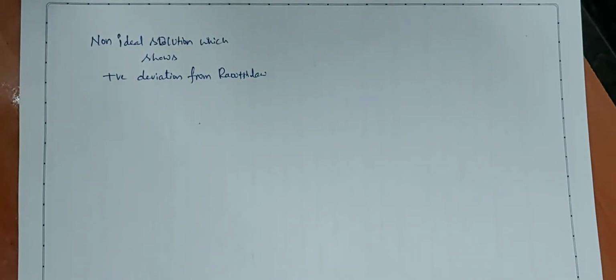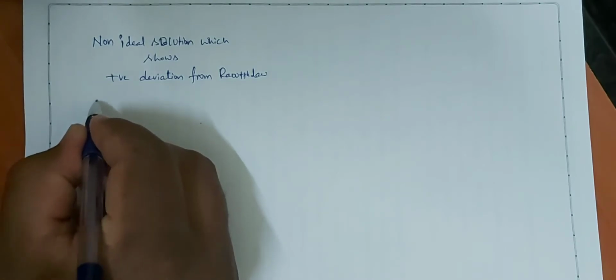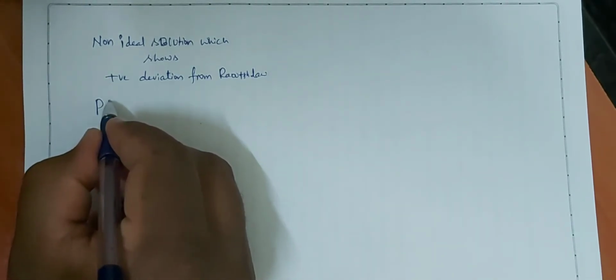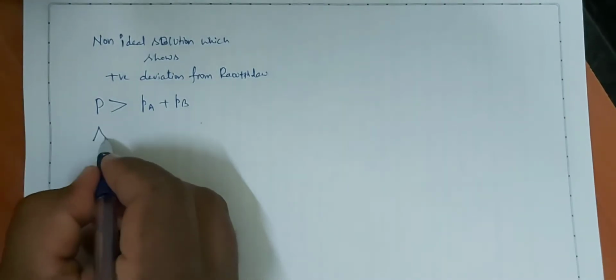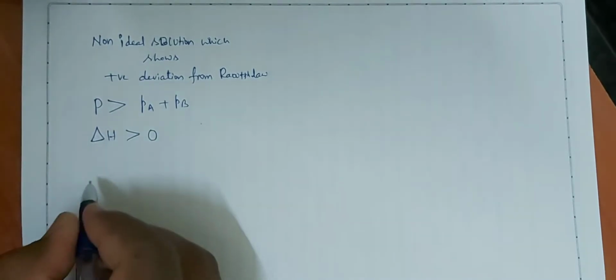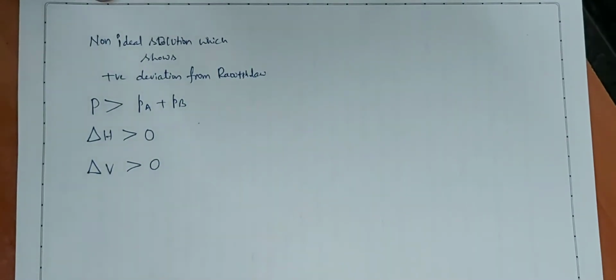Non-ideal solution which shows positive deviation from Raoult's law. P is greater than PA plus PB. Delta H is greater than 0. Delta V is also greater than 0.